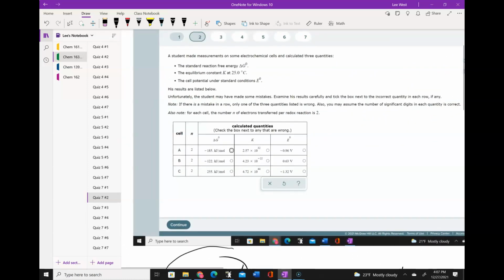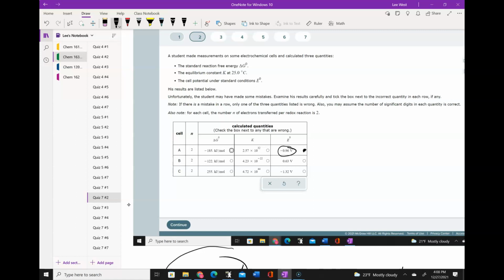So let's see what we've got here. Delta G is negative, so K and E should be positive. And what we see is that that is inconsistent, right? So that one is not right.